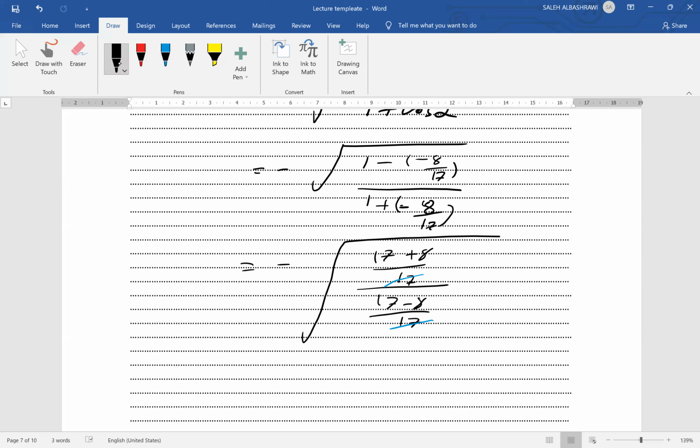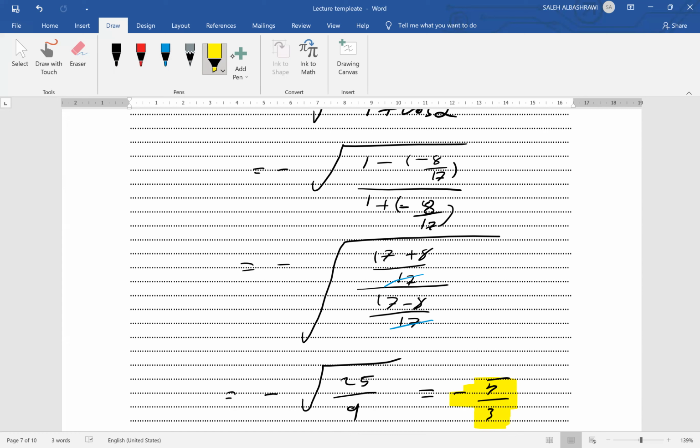I will have negative square root of 25 over 9, or it is minus 5 over 3. So the tangent alpha over 2 is given to be minus 5 over 3.